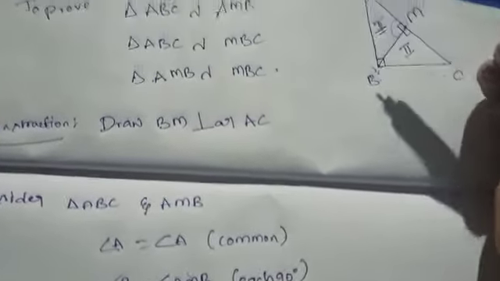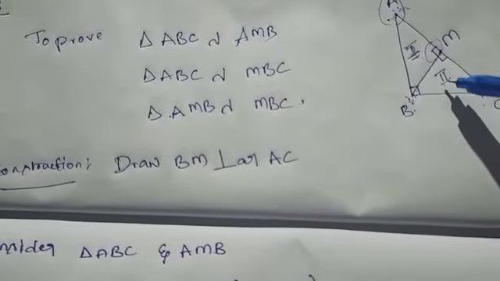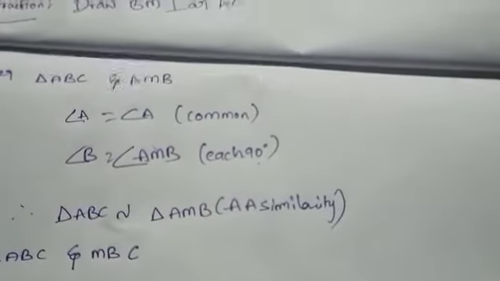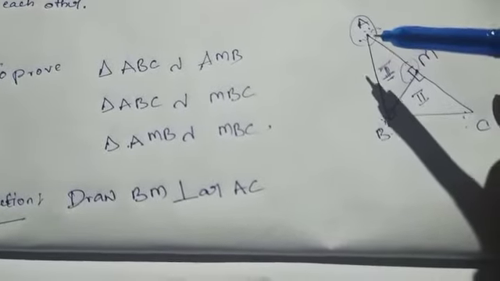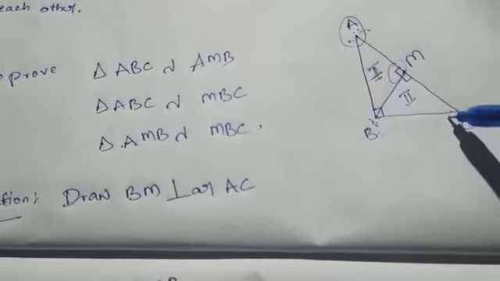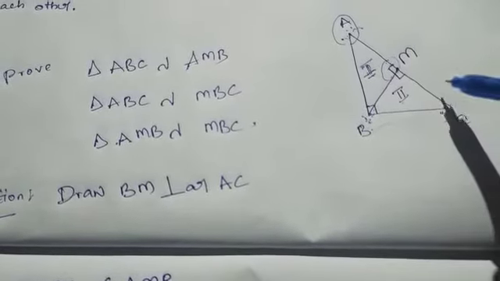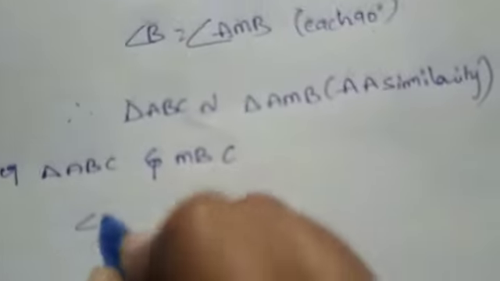Next, consider triangle ABC and triangle MBC. See this figure? Here C is the common angle. Angle C equal to angle C.